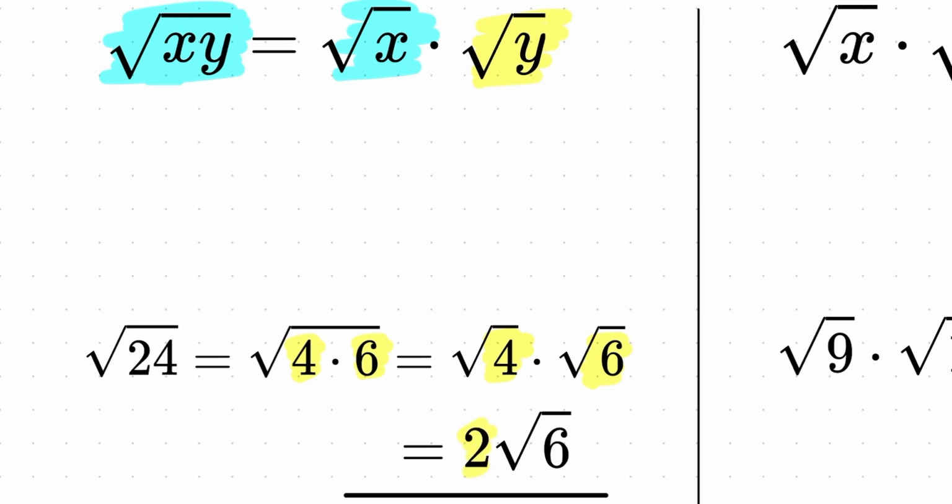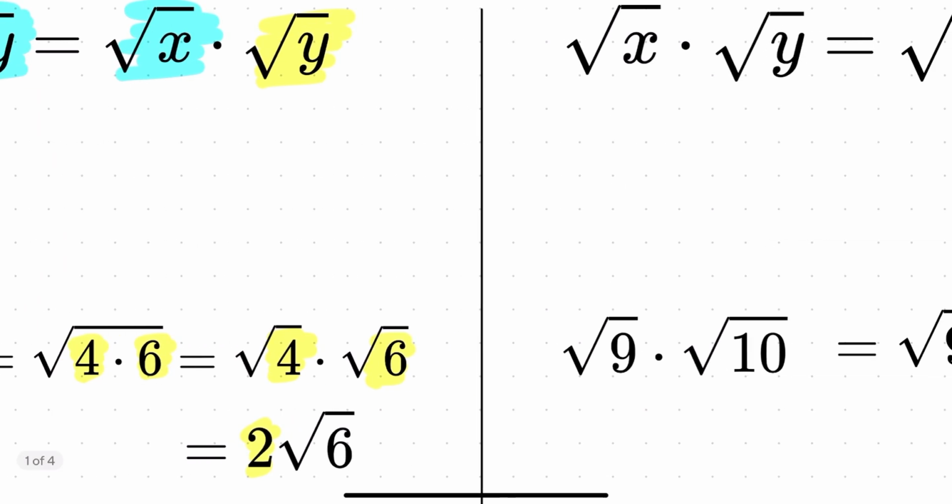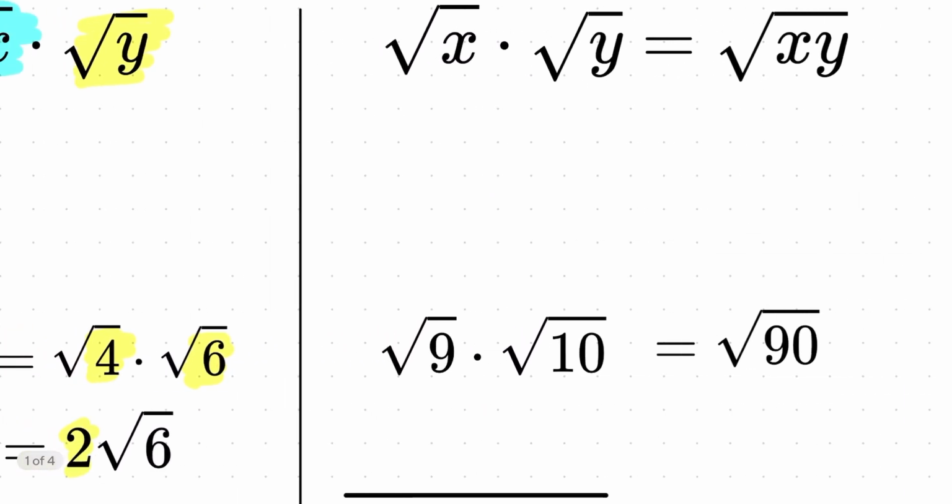So we've been using this topic, but now we're going to go the opposite direction. The other aspect of the product rule of radicals is that if you have two factors that are in their own radicals that are being multiplied, you can multiply them together under the same radical, so under the same roof.